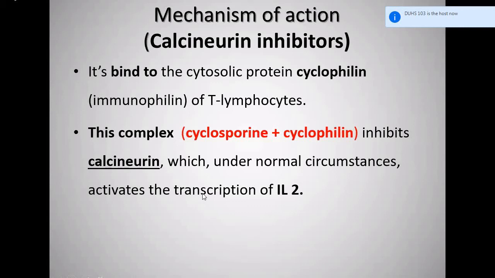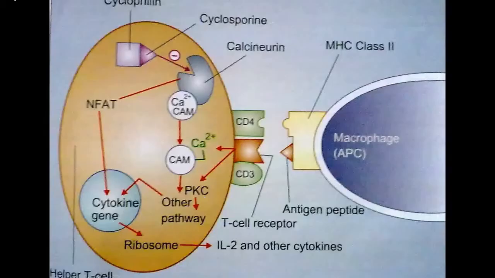You can understand this better diagrammatically, and you can easily grasp the concept. Cyclosporine is the drug, and it first binds to cyclophilin, the protein, and these two make a complex, which finally inhibits calcineurin.